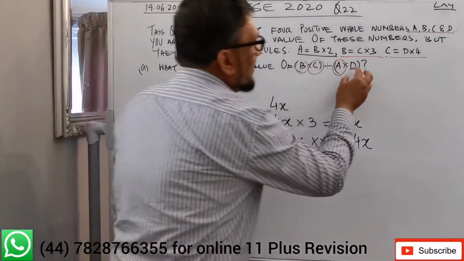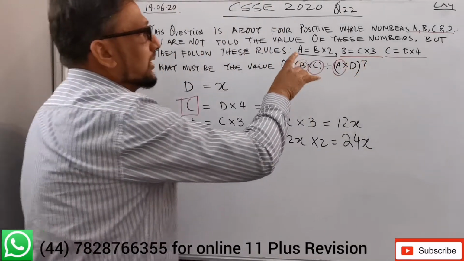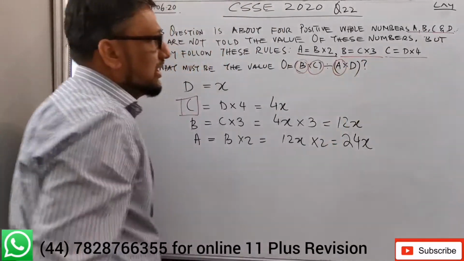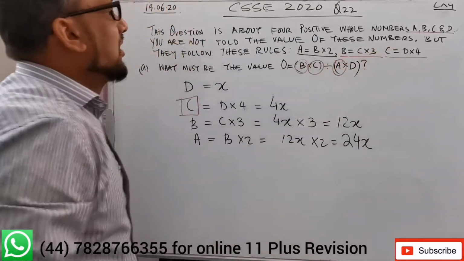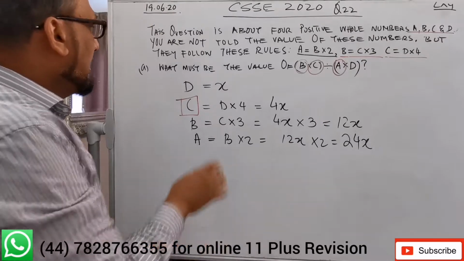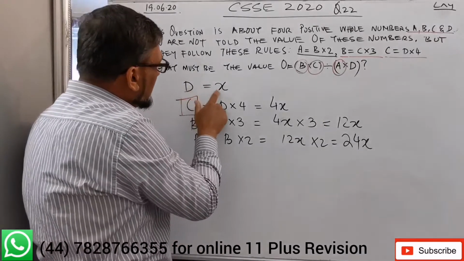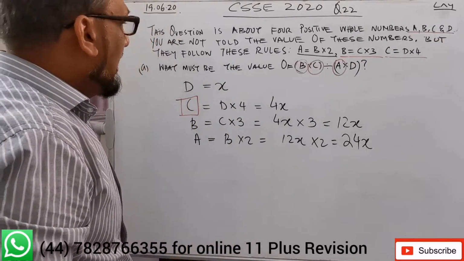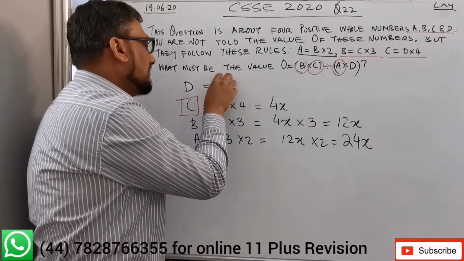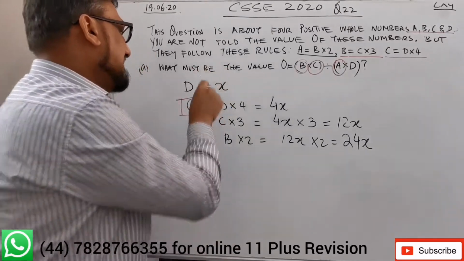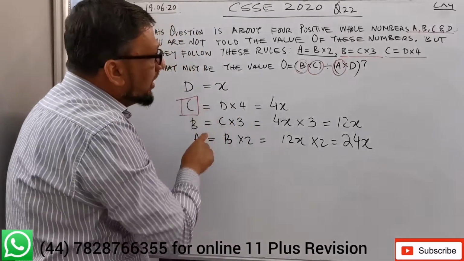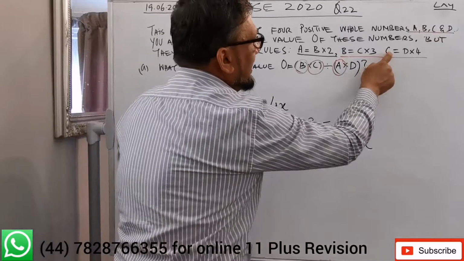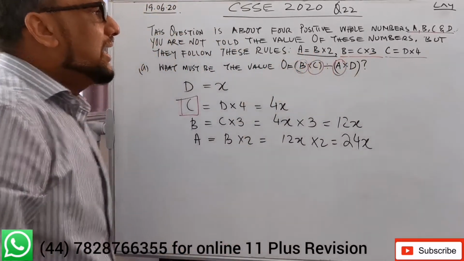So the missing number, the last one, is D, because we know A, B, C, but D is not given. So what I'm doing, I assume D equal to X, and after finding the value of D, which is X, I substitute accordingly into C, B and A.